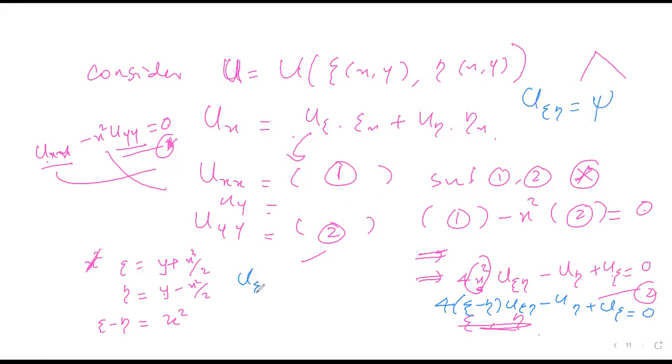If you take these things to the other side, you will have u zeta neta equal to (u neta minus u zeta) divided by 4(zeta minus neta), something depending on zeta, neta, u zeta, u neta.